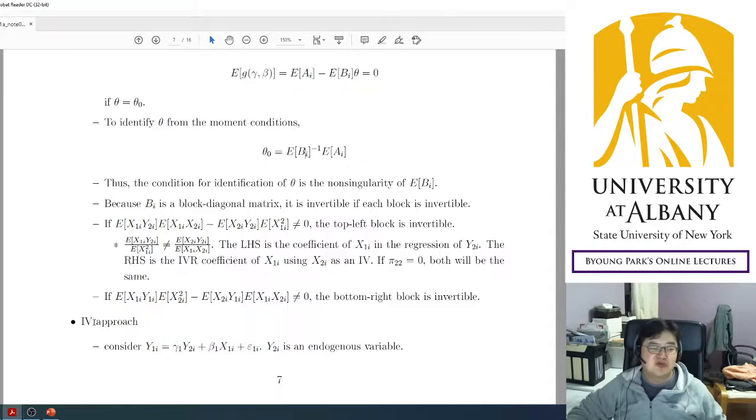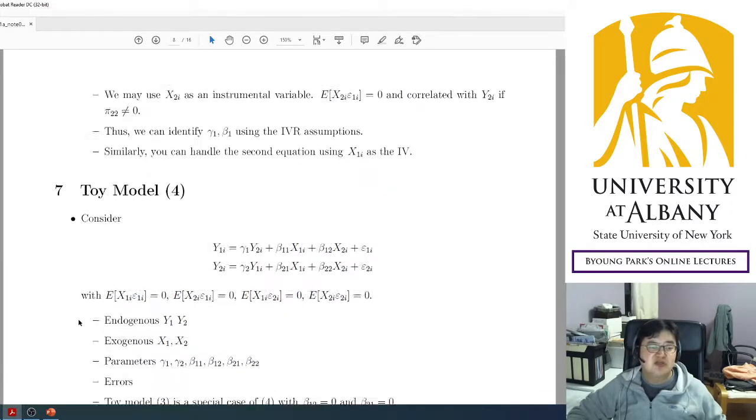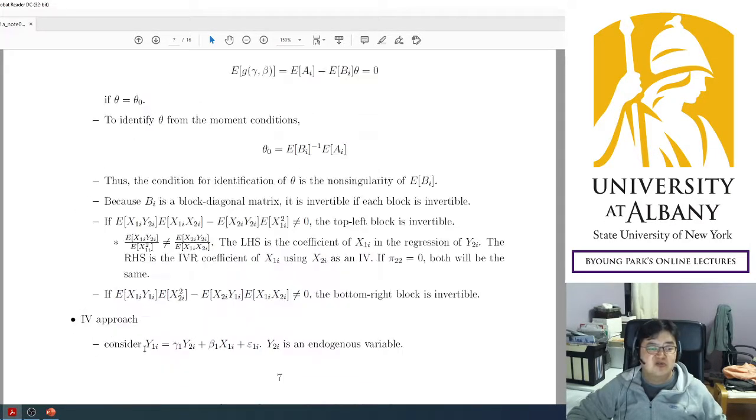And another approach is the IV approach. Here, the structural form equation is understood as an IV regression, with this being the endogenous variable, and you need an instrument for this guy.